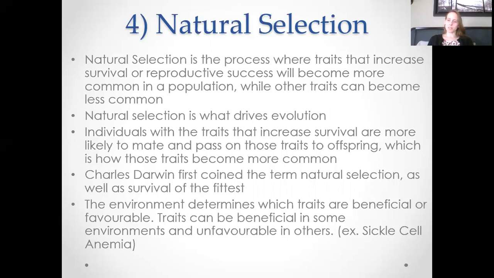The environment will determine which traits are beneficial or favorable. Traits can be beneficial in some environments and unfavorable in others. For example, being really fluffy is great if you're up north, not so great if you're near the equator. In humans, there's a disease called sickle cell anemia, which in most places is highly unfavorable because it's painful and can be deadly.